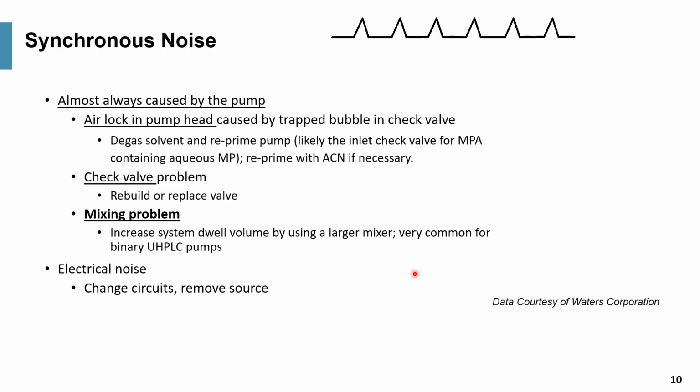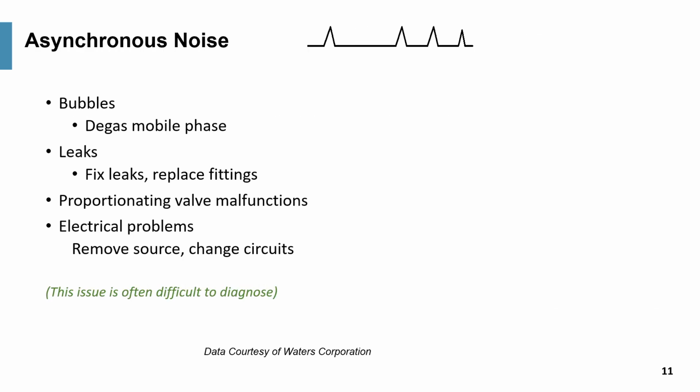So it's quite common for binary UHPLC pumps because people like to use a smaller mixer, which is not the best situation. Asynchronous noise can be due to a multitude of things. The issue is very often difficult to diagnose and probably is not a common situation.